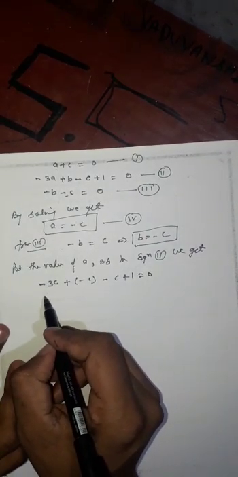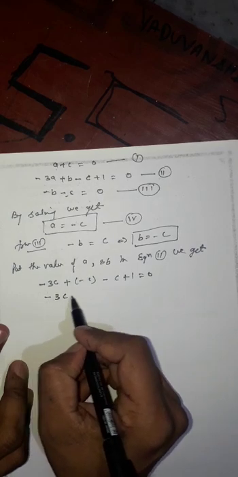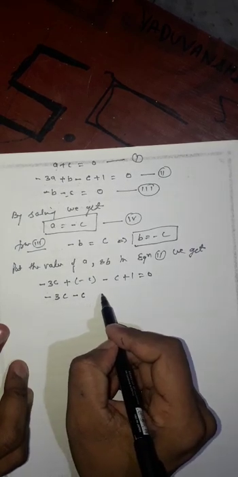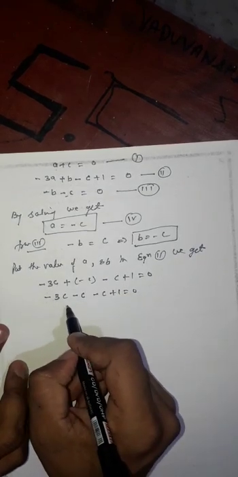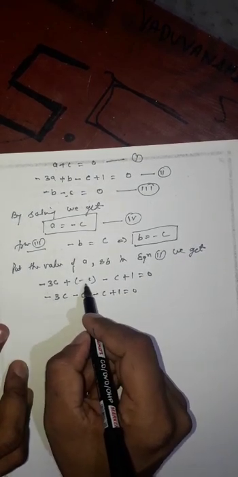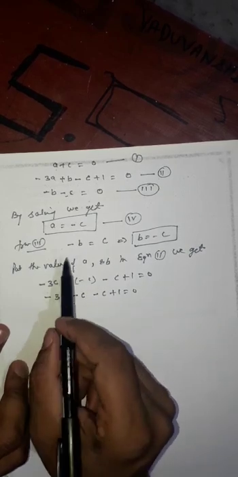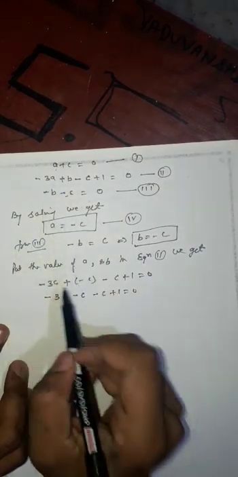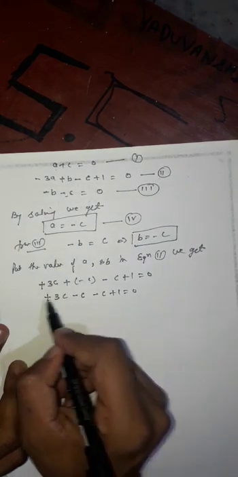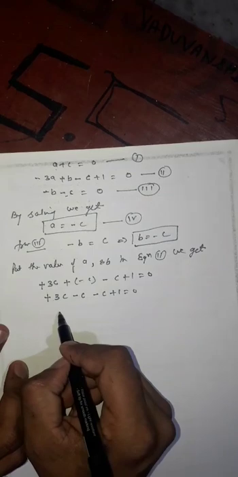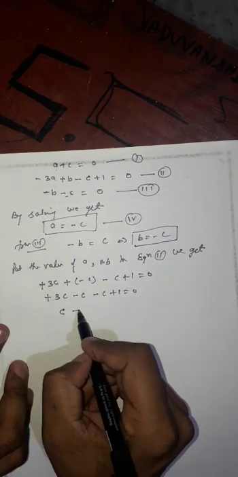So 3c minus c minus c plus 1 equal to 0, so c plus 1 equal to 0, and c is equal to minus 1.